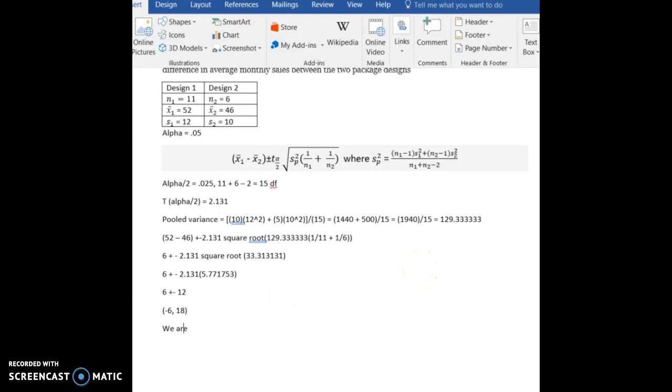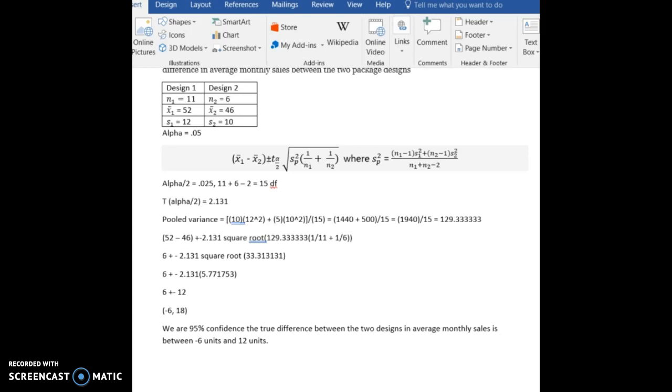We are 95% confident the true difference between the two designs in average monthly sales is between negative 6 units and 12 units.